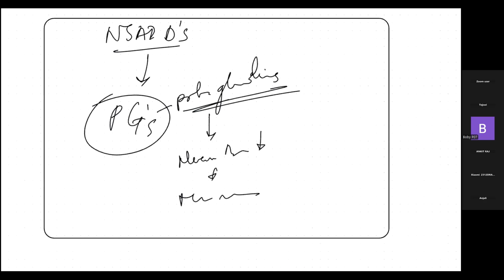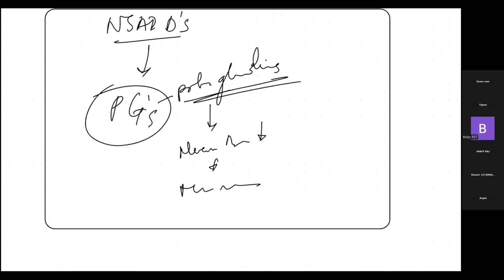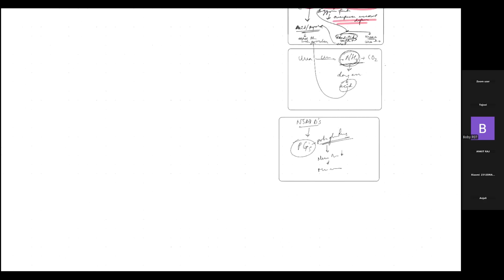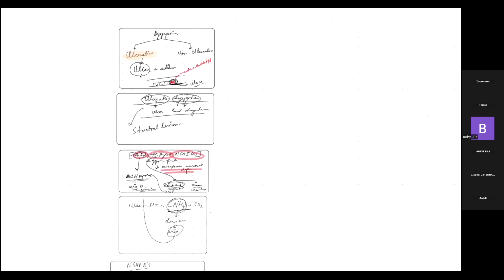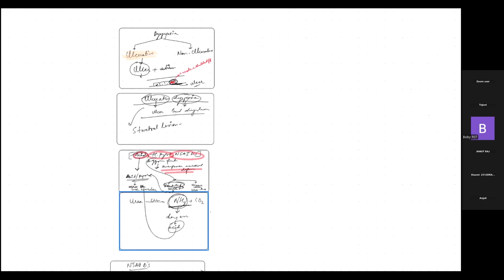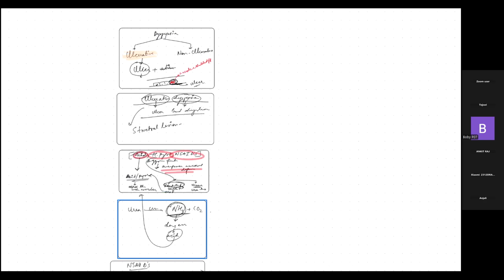So I hope it is clear how this ulcerative dyspepsia is happening. We discussed three factors: either acid secretion is high, or H. pylori bacteria, or non-steroidal anti-inflammatory drugs are there. So what are these going to do? Either they will affect the mucosa, increase the acid, decrease the PGs, or decrease the somatostatin and increase the gastrin.